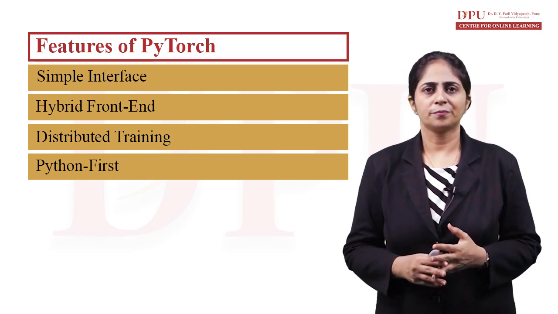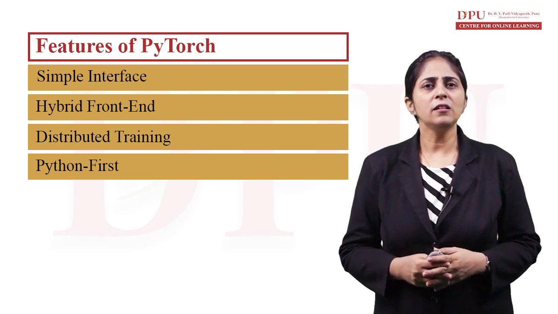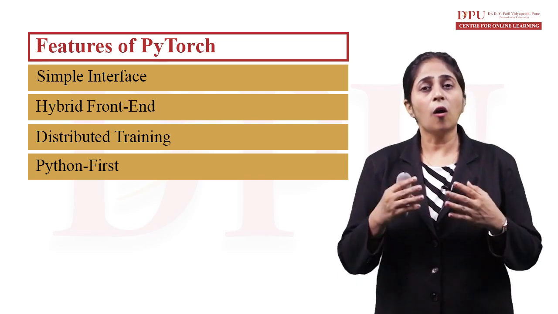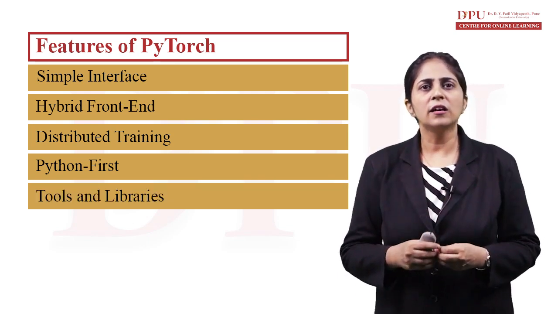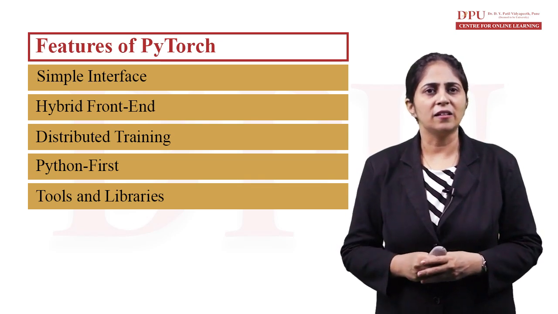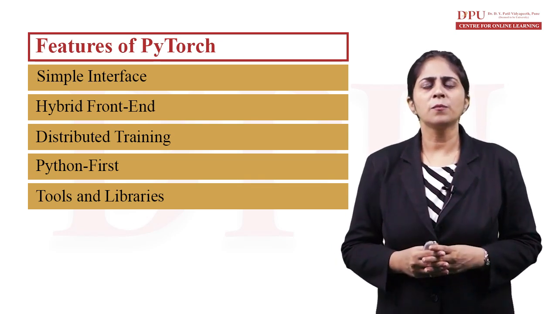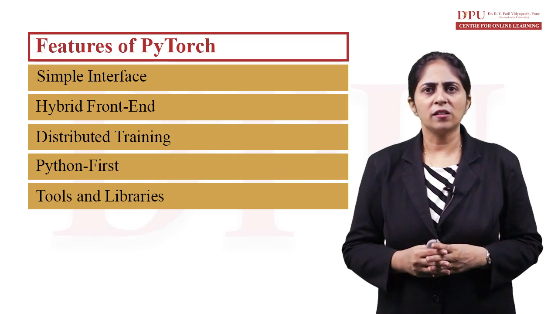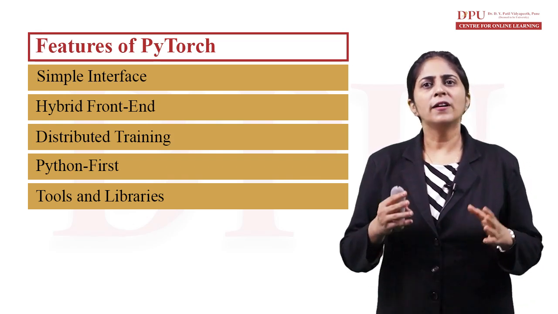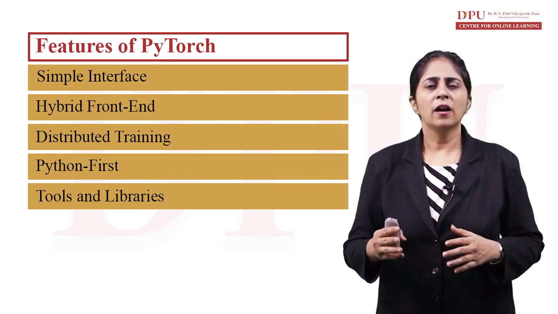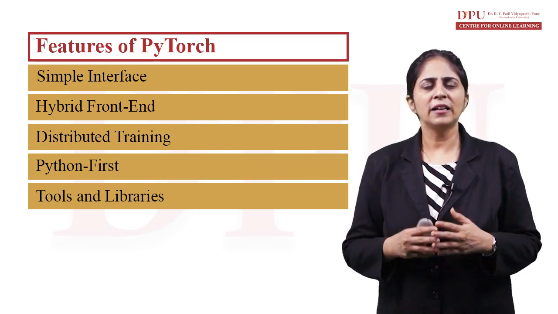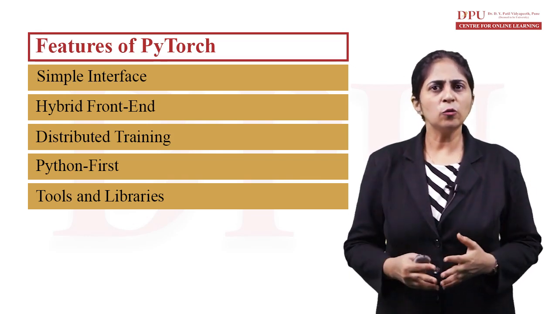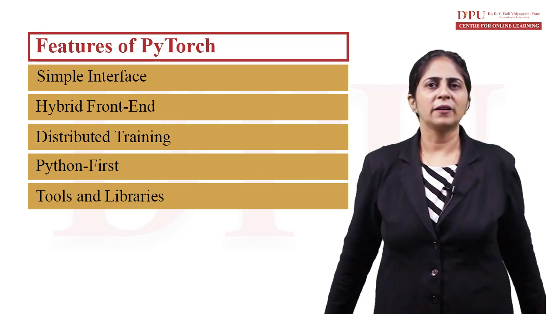Another most important feature of PyTorch is the tools and the libraries. A rich ecosystem of tools and libraries is available for extending PyTorch and supporting development in areas from computer vision to reinforcement learning.